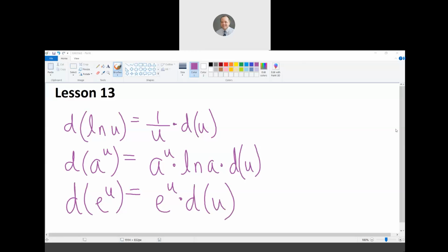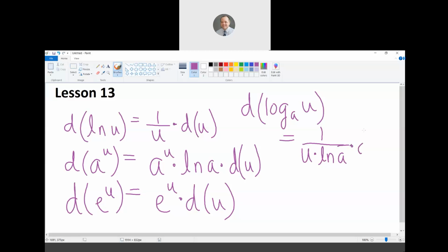And last but not least, to take the derivative of a log function, where you have log base a of some function u, to take the derivative of a log function in this form, it would be a fraction, 1 over whatever u is, times natural log of a, where a is your base, times the derivative of your function u.